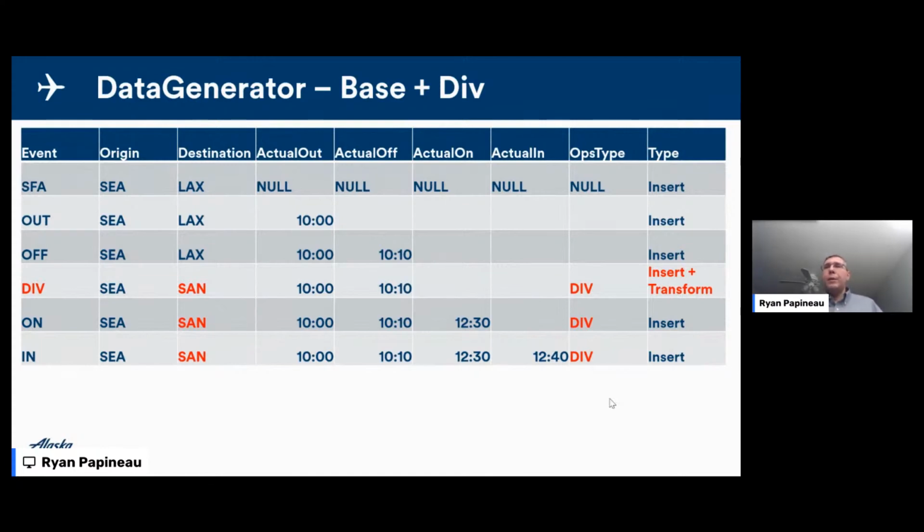You'll notice on the far right, this is an insert event, but also a transform. So it actually puts a new message into that replay table that's of a div type, but then it goes and grabs all the downline messages that occur after that and applies the transform that you see in red and changes the destination of those to San Diego, but also changes the ops types to divert.